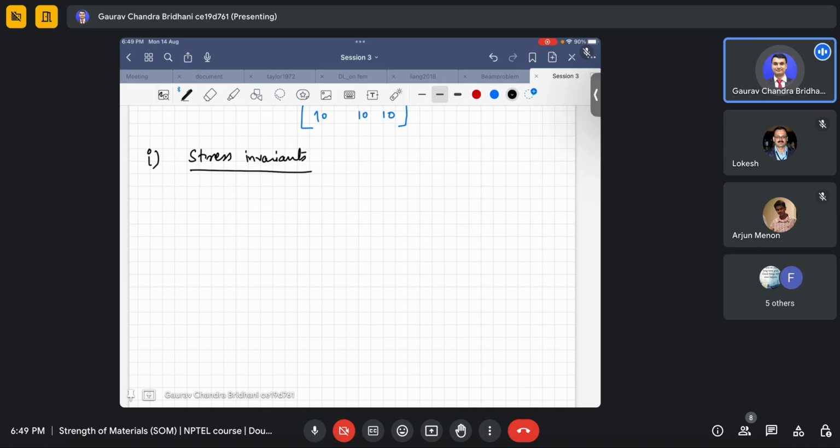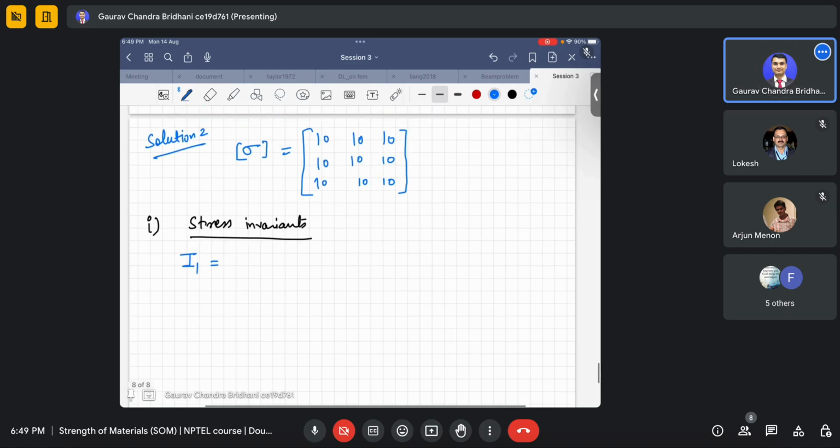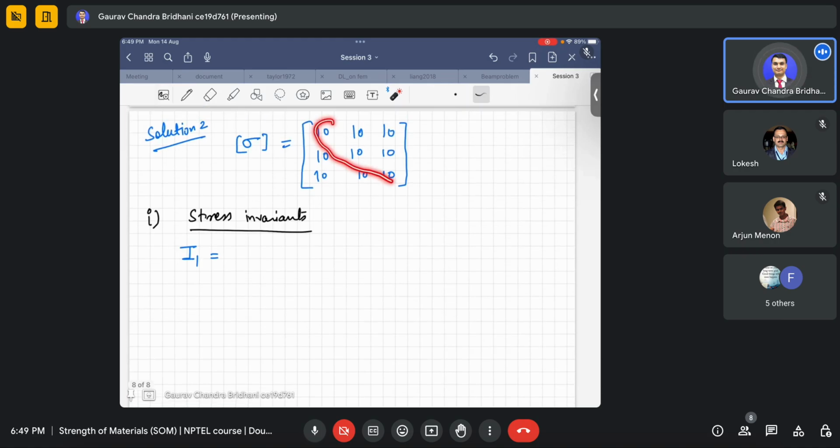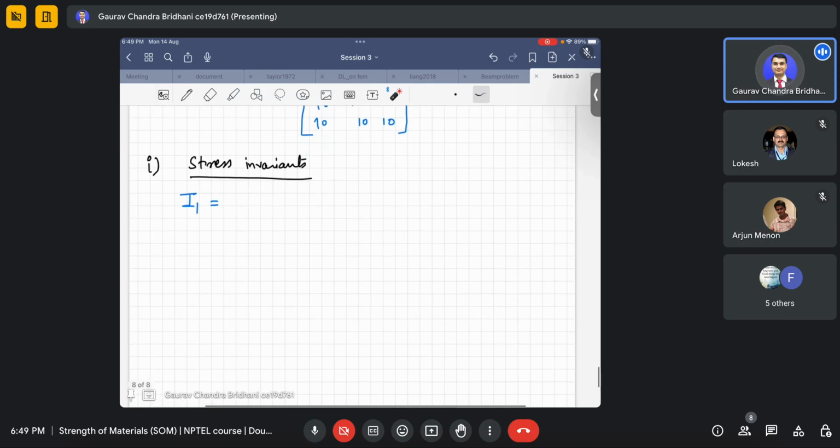How to find the stress invariants? The first one, I1, is called the first invariant, and it will be the sum of the diagonals. We can just sum it up here, and that will give us the stress invariant.